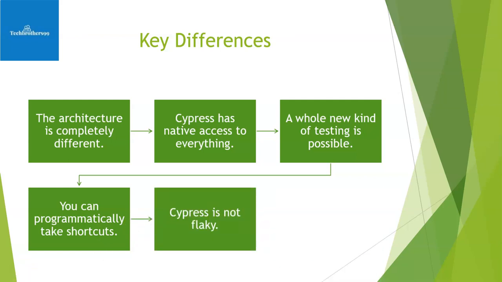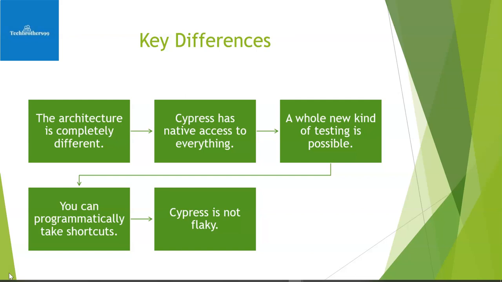The other key difference is that Cypress is not flaky. Cypress knows and understands everything that is happening in our application synchronously. It is notified the moment the page loads and unloads. Cypress even knows how fast an element is animating and will wait until it stops animating.